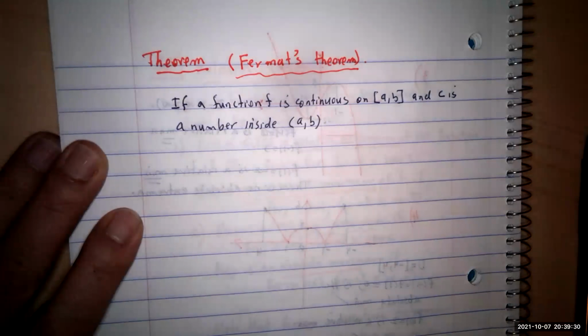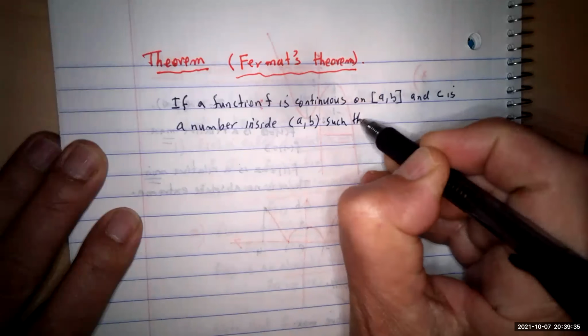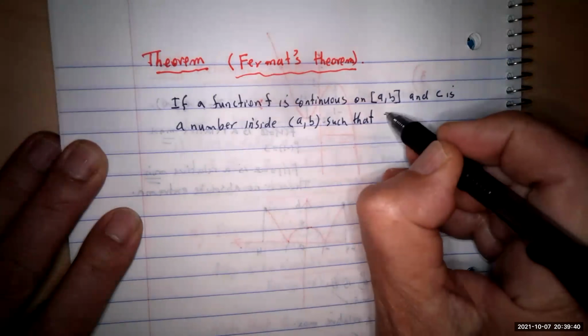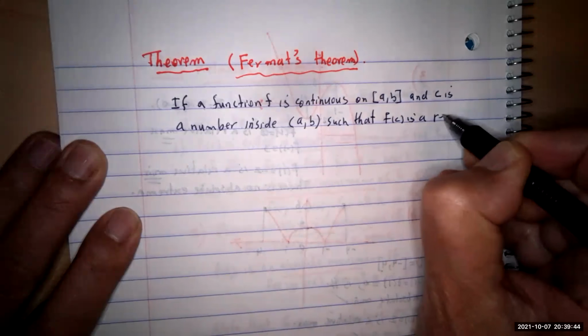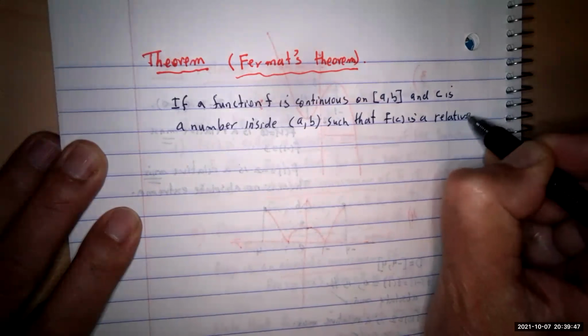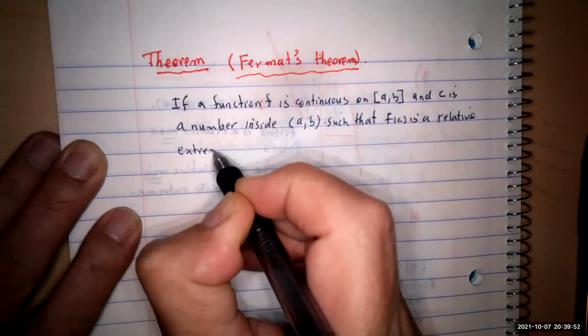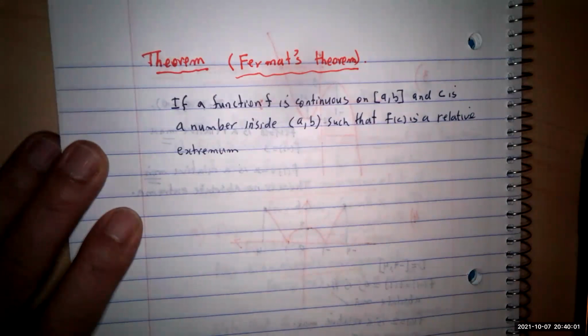That's why we make it open, such that f of c is a relative maximum or minimum, a relative extremum.